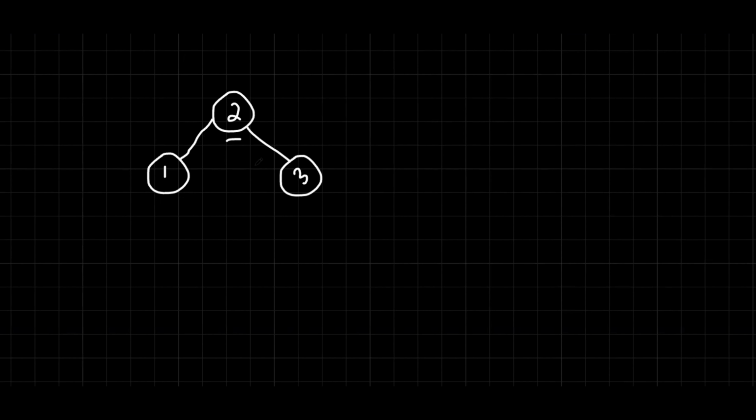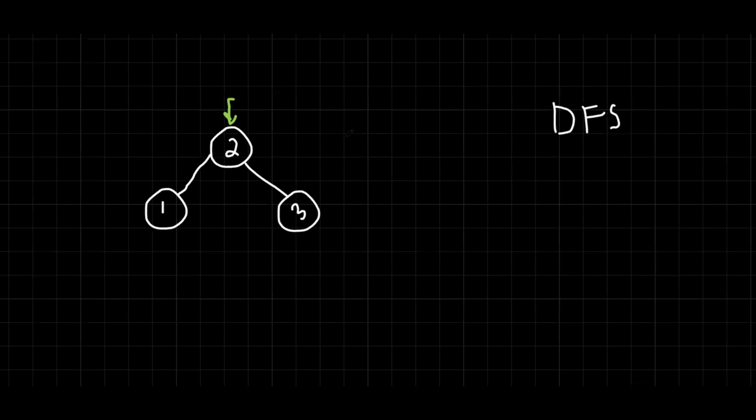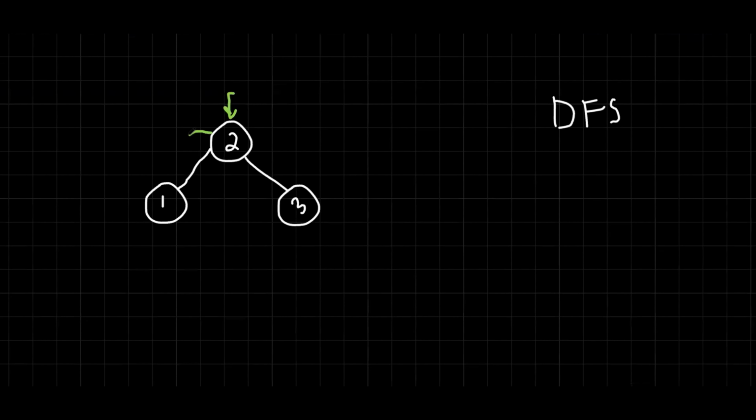Now let's see how we can solve this problem. Basically we will use the depth first search algorithm. Initially the DFS algorithm will be at the top, which is 2. Now from 2 we will go to its left child, which is 1. Now this 1 does not have any left or right children, or we can say that both of its children are null.